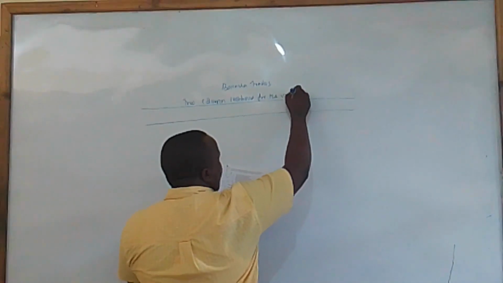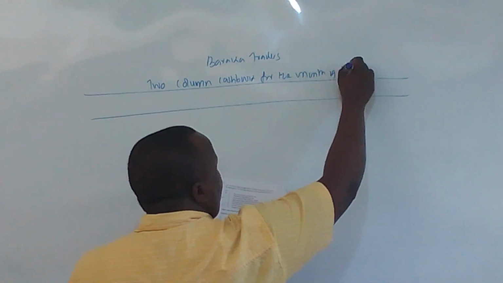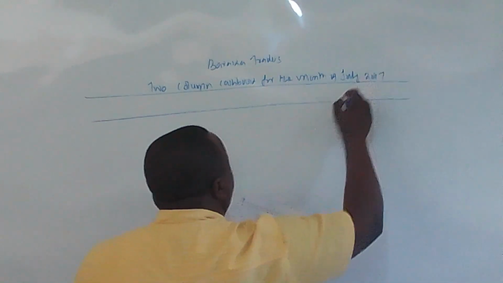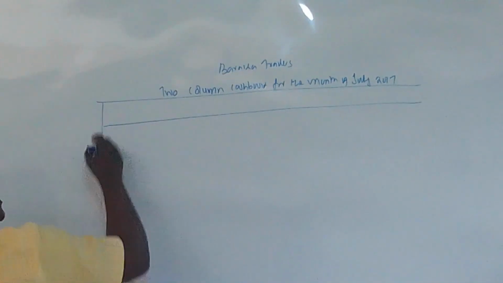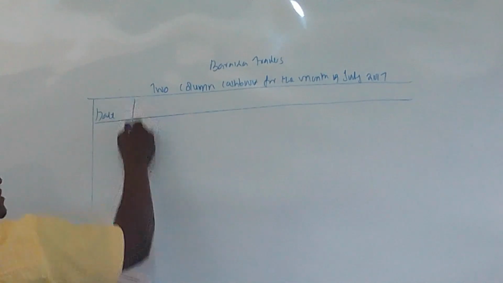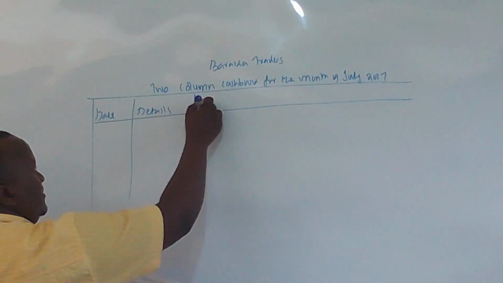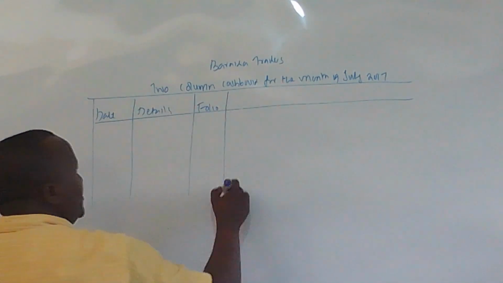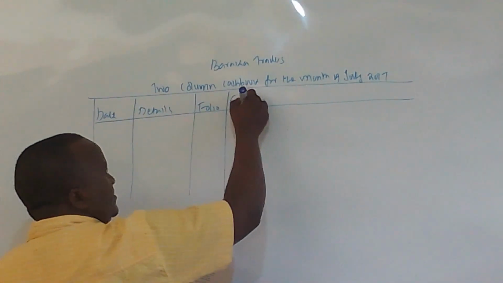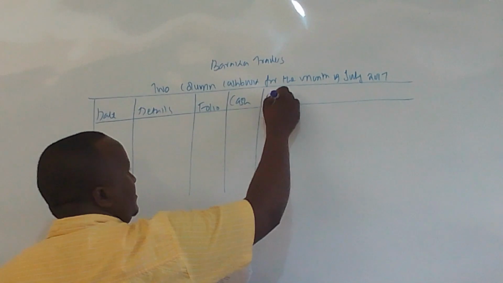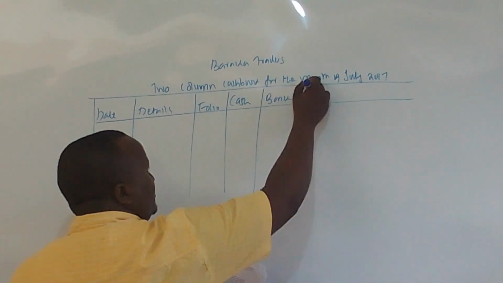For the month of July 2017. So start with date, the details, folio, the cash, the bank. We divide this.